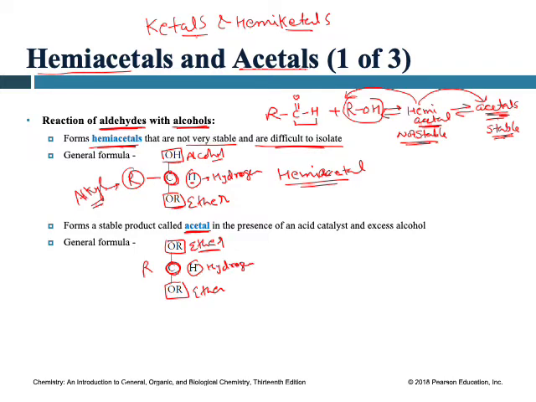A compound that has a carbon with two ether groups attached and one hydrogen atom, we call an acetal compound, right? We'll see in the next slide how we can form this kind of product, acetal or hemiacetal.